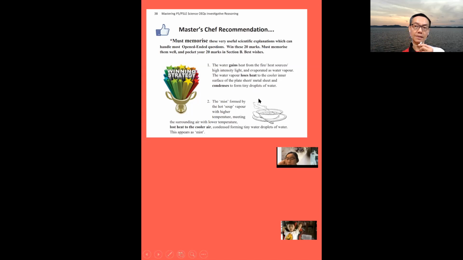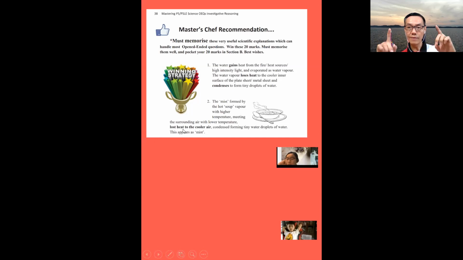Similarly, another very realistic example is where you order a hot bowl of soup in a restaurant or at home where your parents serve you. Sometimes they ask students to explain how this mist is being formed. So you can answer by saying the mist is formed by the hot soup vapor with higher temperature meeting the cooler surrounding air with lower temperature and losing heat to the air.